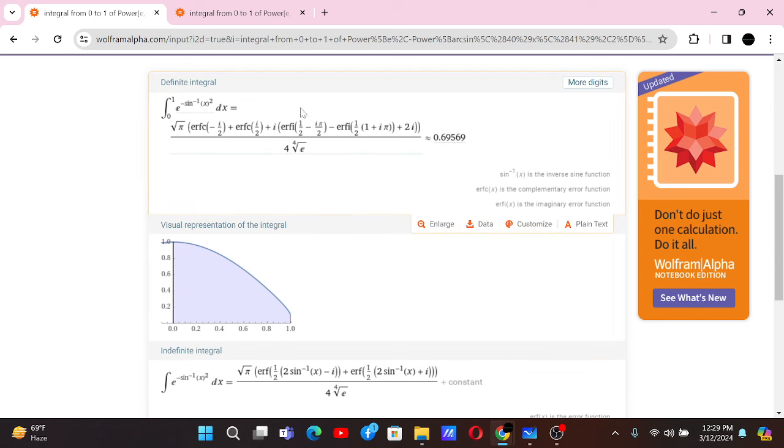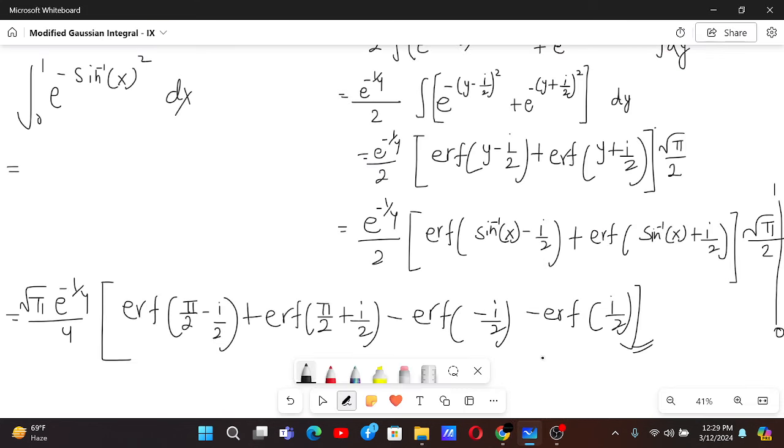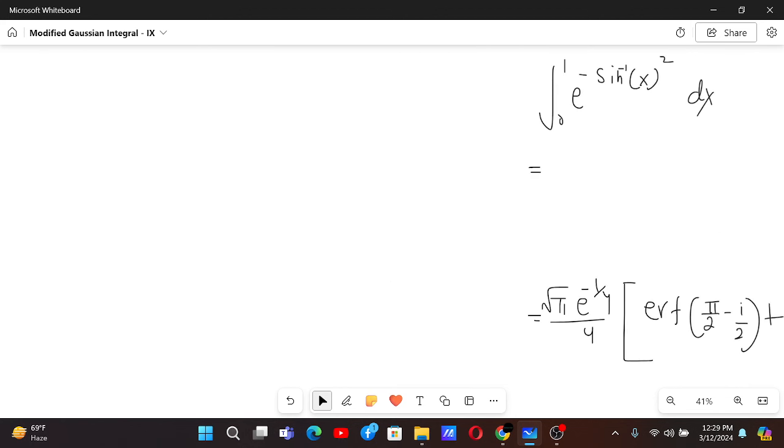But it turns out there are erfi and erfc functions and not just the erf function. So let's try to take the answer in terms of erfi and erfc. For that, we are going to use some of the properties of erf, erfi, erfc and such functions.